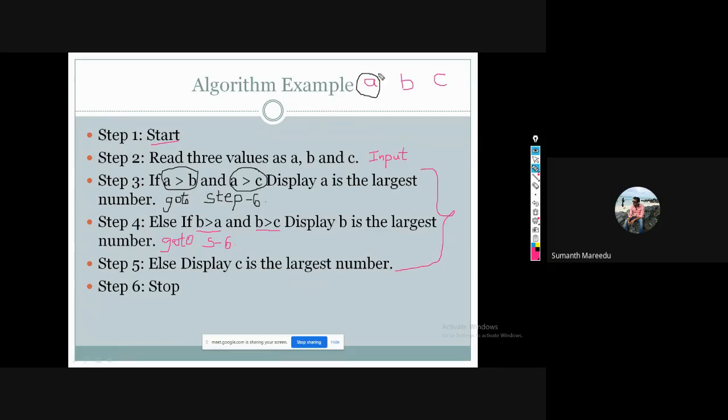In step number 3, I ruled out A. In step number 4, I ruled out B. So go to step number 5, and because A and B are already ruled out, I am left with only C. So I'll simply display that C is the largest number. Immediately after step 5, it will go to step number 6 only. So stop.